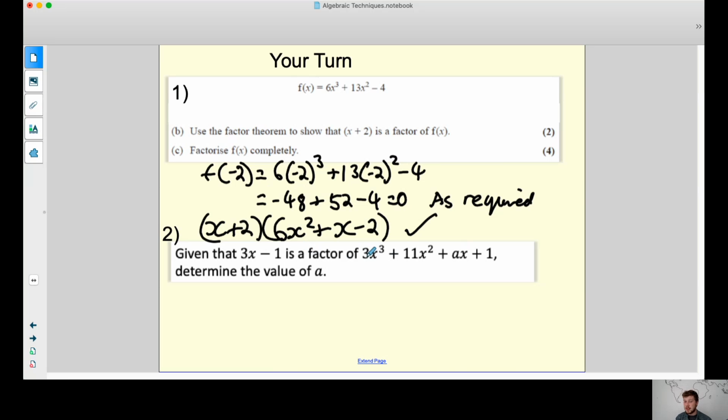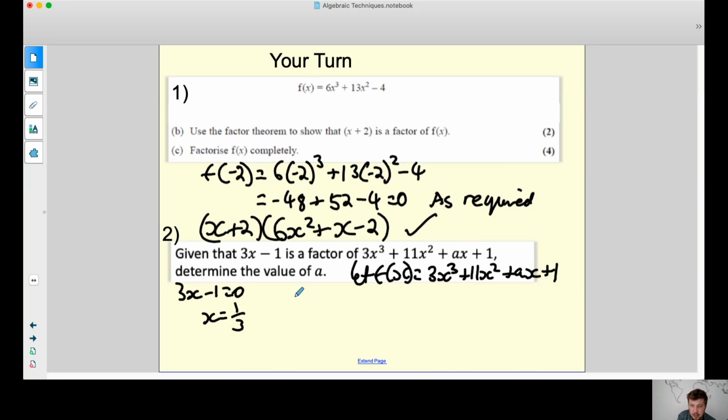Given that 3x minus 1 is a factor of this term, determine the value of a. Well, I'm going to let f of x equal 3x cubed plus 11x squared plus ax plus 1. And if it's 3x minus 1, I'm just going to solve this equal to 0. And that's going to give me x equals a third.